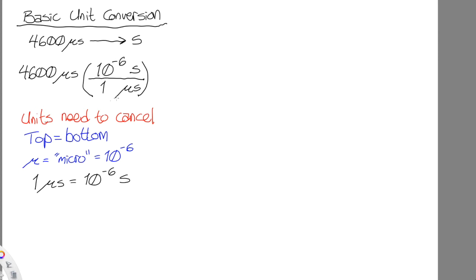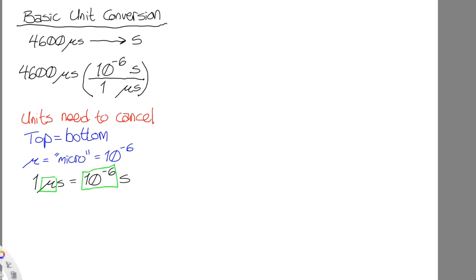Be careful here, because a lot of people want to put that 10 to the negative 6 down where the mu is. The easiest way I can think of to remind you of this is that micro, that little mu, means 10 to the negative sixth. So the left side has a 10 to the negative sixth in this mu, and the right side has a 10 to the negative sixth just as a number.